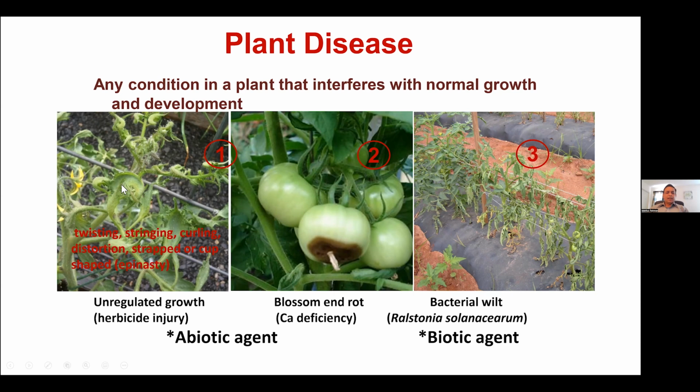You can see on the left-hand side what we call unregulated growth. In most cases, herbicide injury can cause this. Nowadays, people are using lots of growth regulator type herbicides for controlling weeds in their lawn and in some cases in their garden or around the garden. These growth regulator type herbicides can cause problems on plants, not only in one way, but in many different ways.